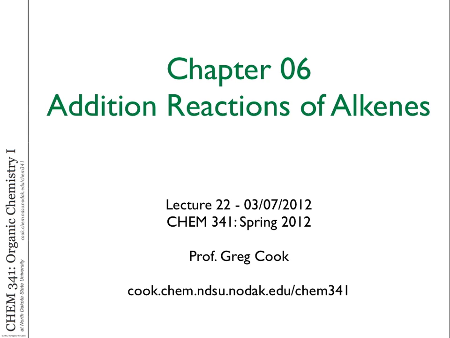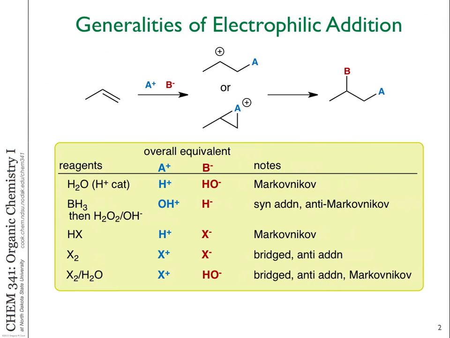We've been talking and focusing in chapter 6 on reactions of alkenes, and so I sort of summarized this at the end of the last lecture, some of the details, and I think the way to really try to think about making the connections between all the different kinds of reactions. This chart describing the typical reactivity of alkenes and some of the electrophiles and the ways one can do additions has a lot of generalities, but you do need to notice that there are specifics of each one that might be different.